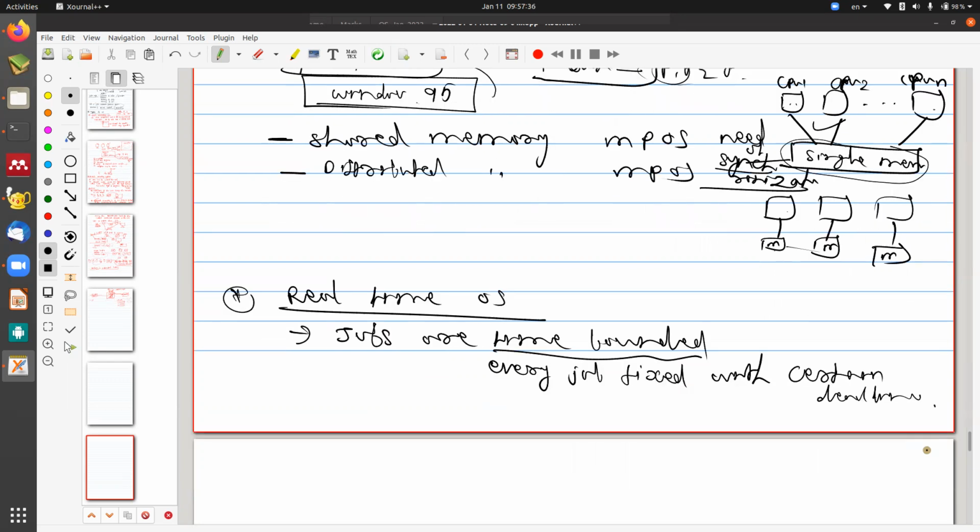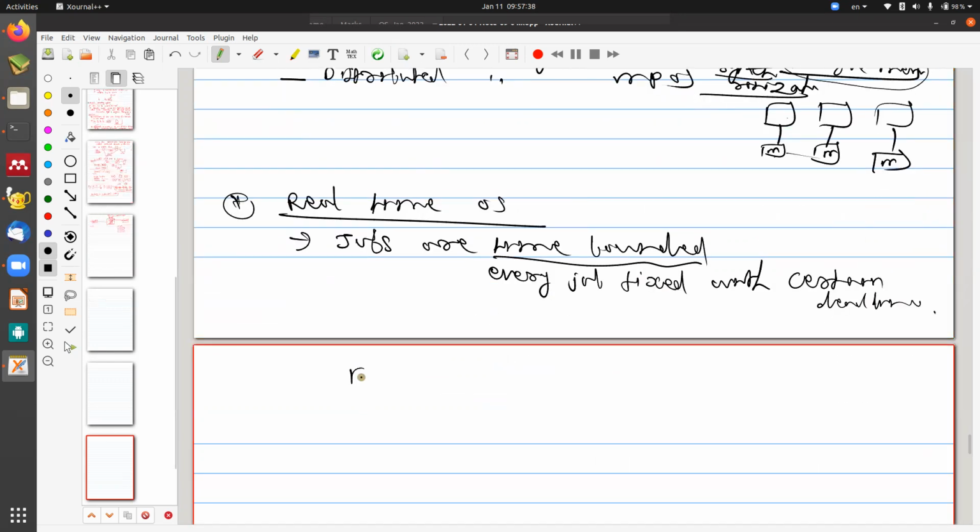The example is flight operation. Yes, when you are going through a flight, whatever system there is in the cockpit, you can directly say the whole thing is a real-time operating system. What's the reason? Every job is time-bounded.